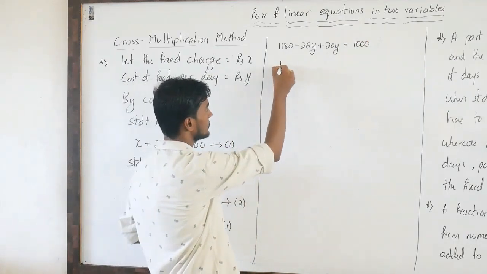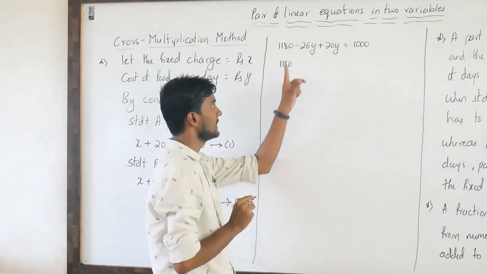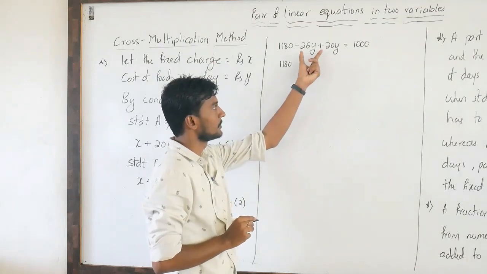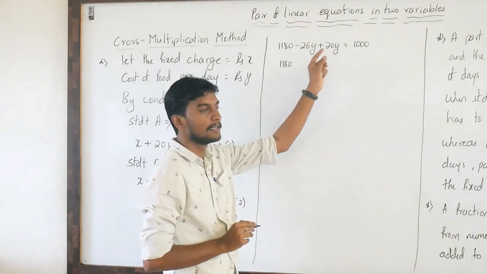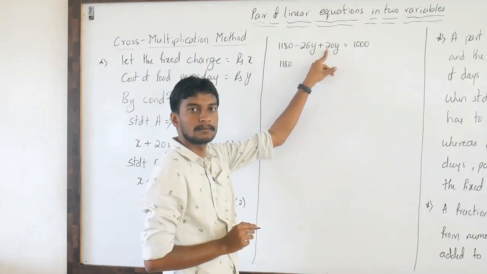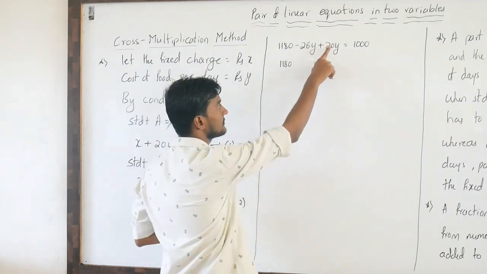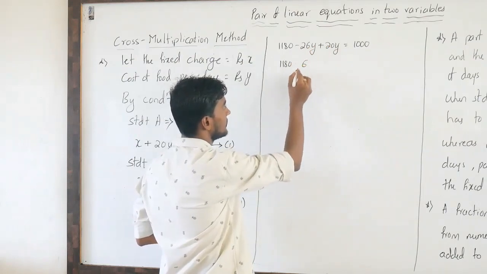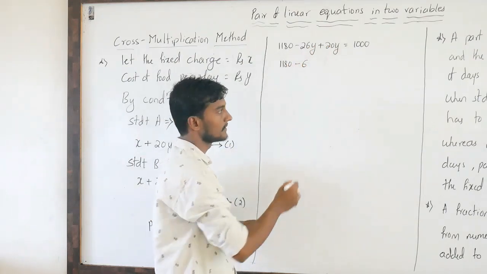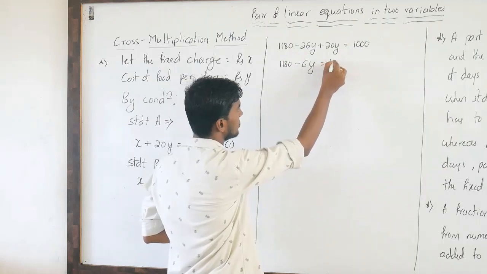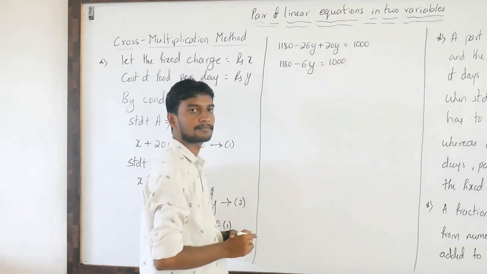Here, 1180 is there, and 26y and 20y are there, but one is minus and one is plus, so at that time you have to subtract. 26 minus 20 is 6, and the bigger number's sign is minus, so minus 6y.